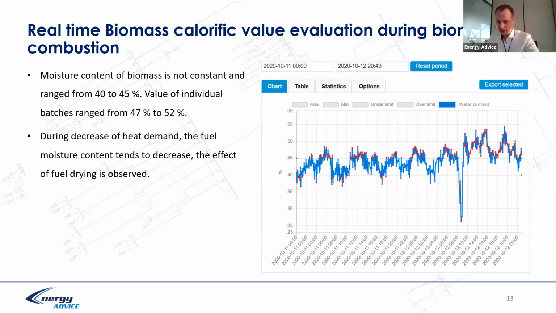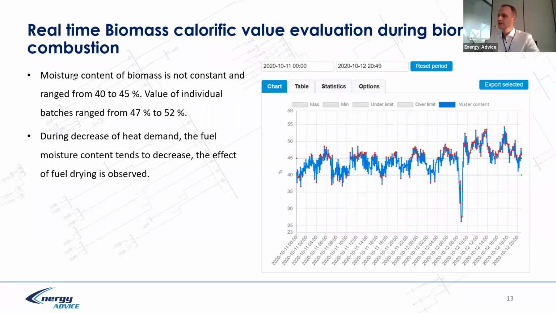If we had the calorific value of the fuel, we could control the oxygen amount in the flue gas very perfectly, like in a natural gas burning process, or a fluidized fuel burning process where the calorific value is very well known.